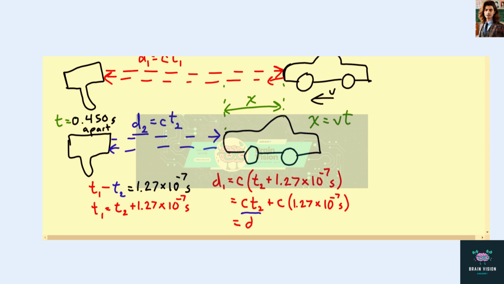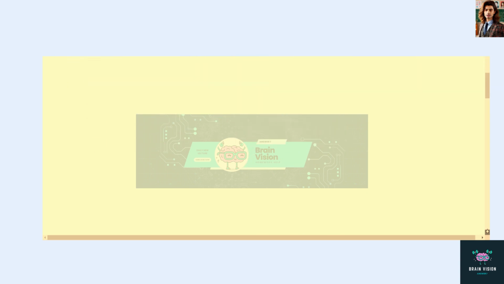This is d2 plus c times 1.27 times 10 to the minus 7. We're going to use c equal to 2.9979 times 10 to the 8 meters per second. Plug that into our calculator, we get about 38.073 meters.